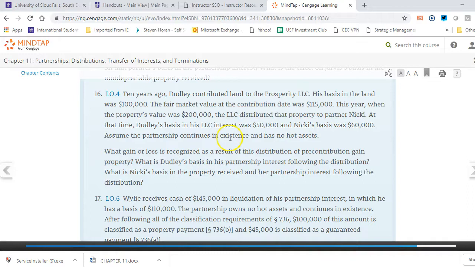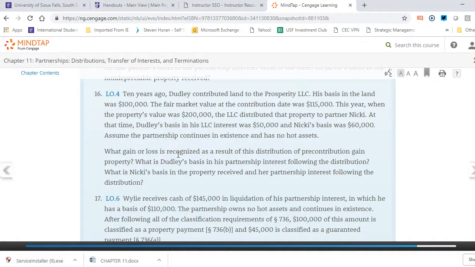Assume the partnership continues in existence and has no hot assets. What gain or loss is recognized as a result of the distribution of pre-contribution gain property? What is Dudley's basis in his partnership interest following distribution? What is Nikki's basis in the property received and her partnership interest following distribution?